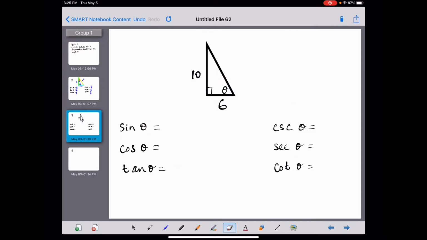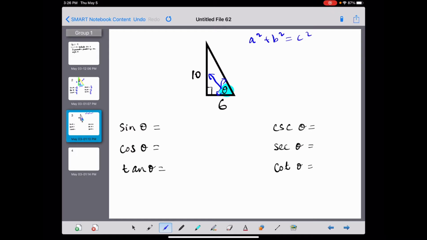In number 1, from this angle's perspective, this angle theta, opposite from it is a 10, and adjacent is 6. Notice we don't know what the hypotenuse is, so we're going to use the diagram and solve for that missing length first, using a squared plus b squared equals c squared.